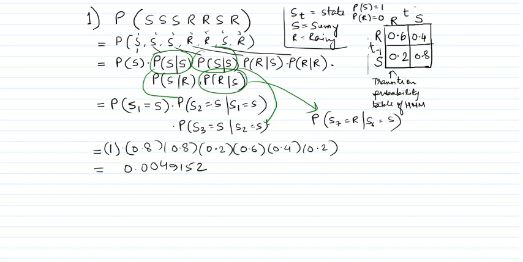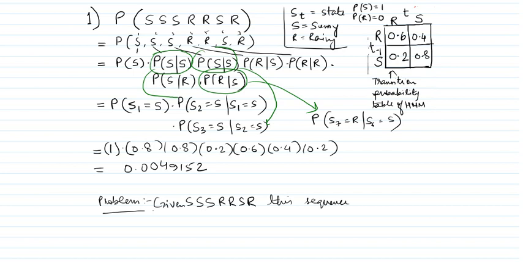So given S S S R R S R, what is the probability of the next state?